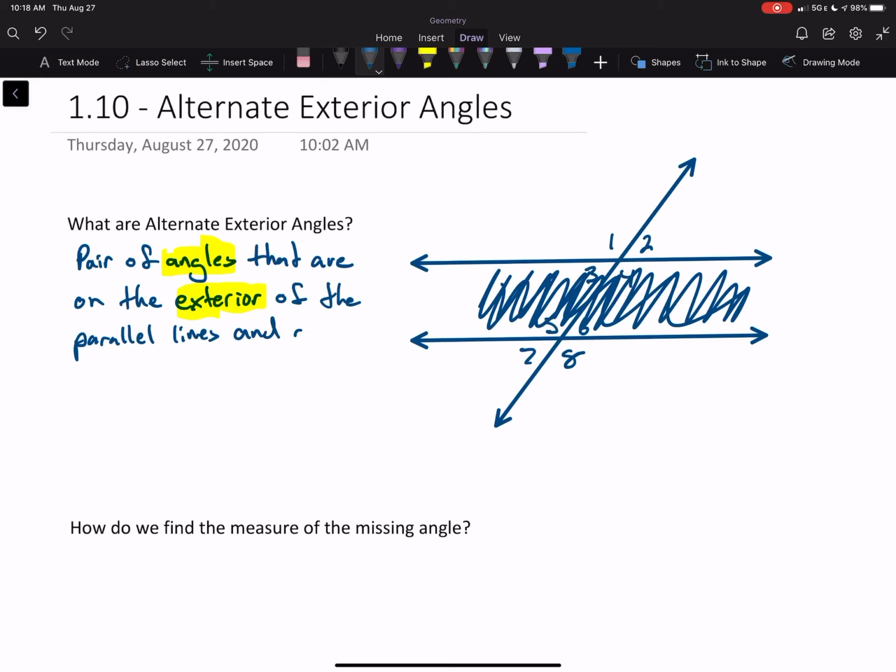And on opposite sides of the transversal.